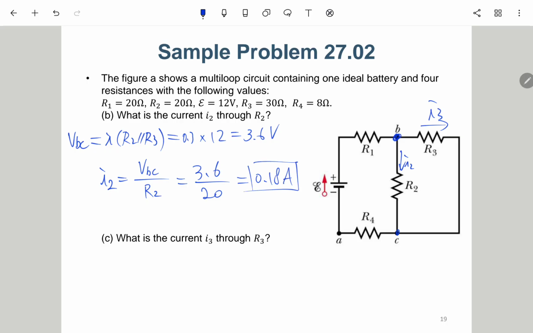And then what is the current I3 through R3? I3 will be VBC over R3.